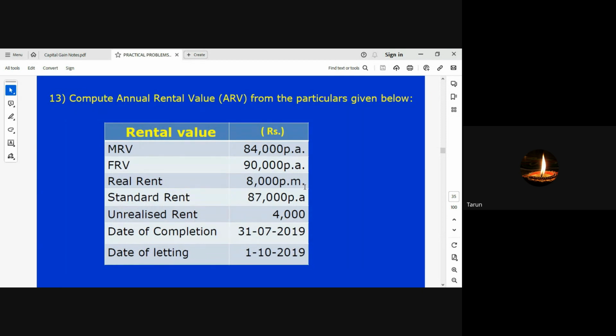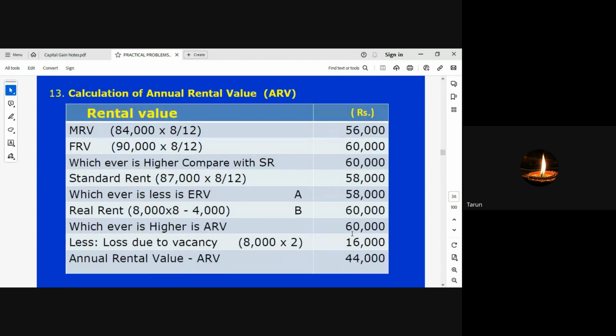So 8,000 into 2 is 16,000. So 16,000 will be deducted from the annual rental value. Once you deduct the loss due to the vacancy, you will get the real annual rental value. So this is the way to calculate the annual rental value.